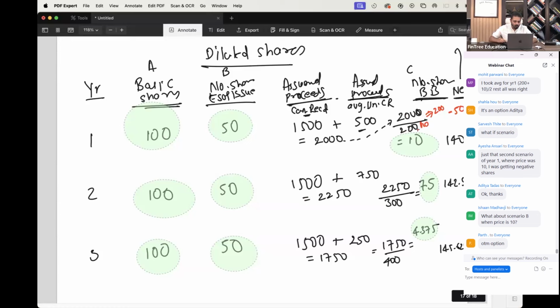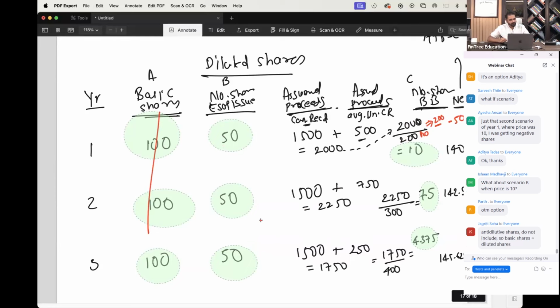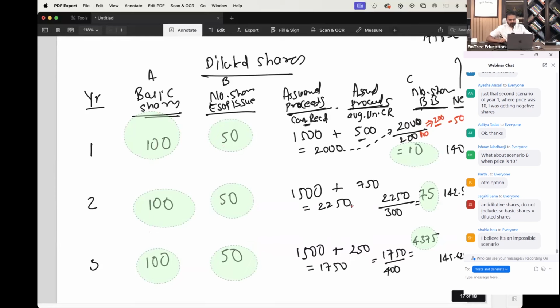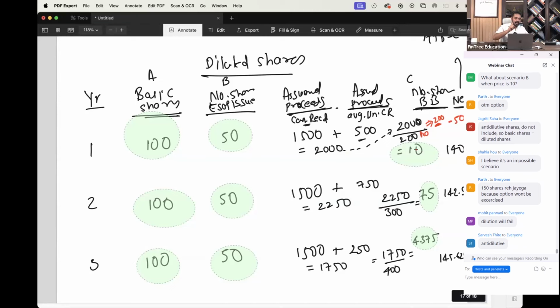In fact, the rule is, if the number of shares you are buying back is more than the number of ESOPs issued. And when will that happen? No, it's a possible scenario. That will happen if the stock price has fallen dramatically, where you can buy back more. Then we will say that the shares are anti-dilutive. So when do ESOPs become anti-dilutive?